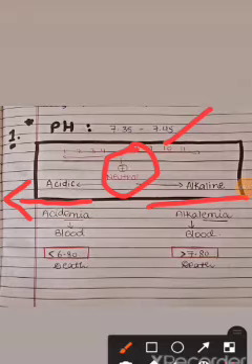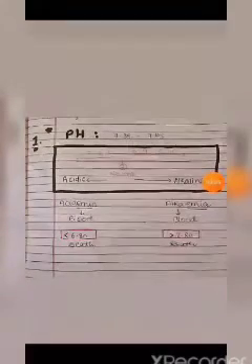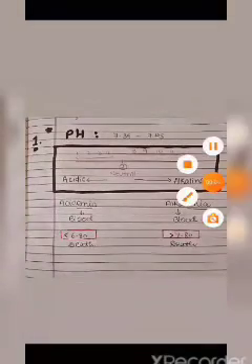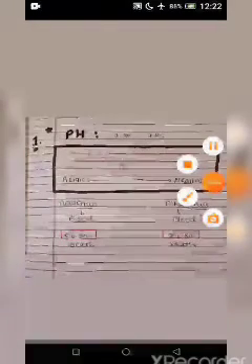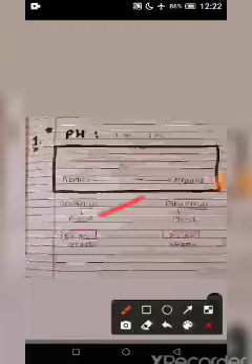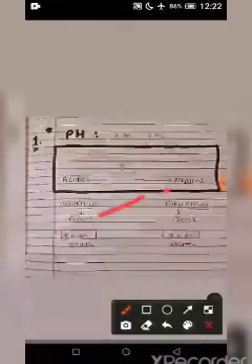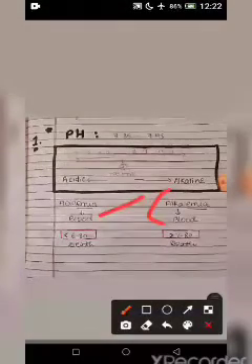So when blood pH decreases, we use the suffix emia, because in medical terminology we use emia for blood. When the pH is decreasing, it indicates acidemia, and when it is more than 7.45, it indicates alkalemia.